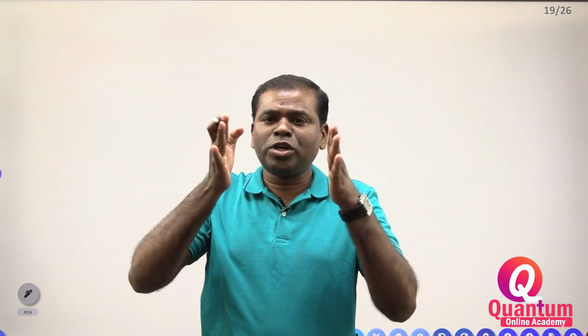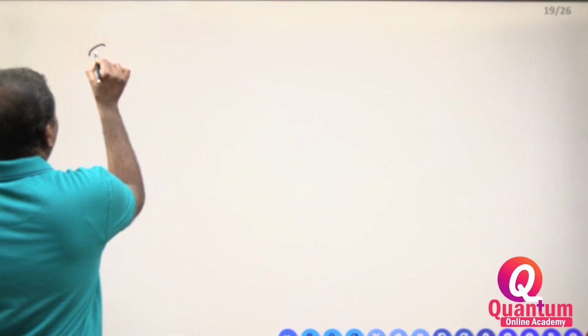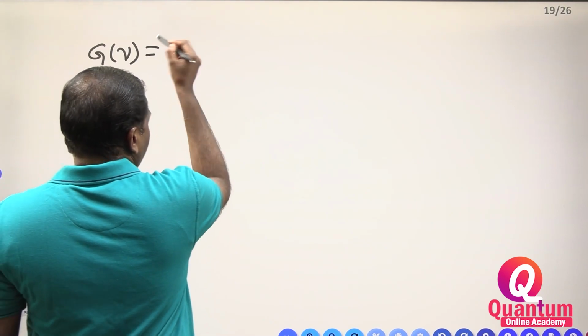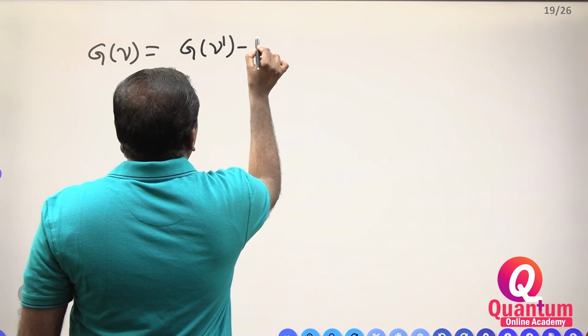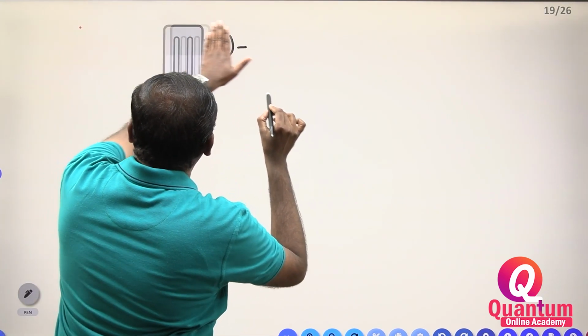The spectral term of vibrational absorption spectra is given by the formula I am giving. G of nu dash minus G of nu double dash, one formula is there.